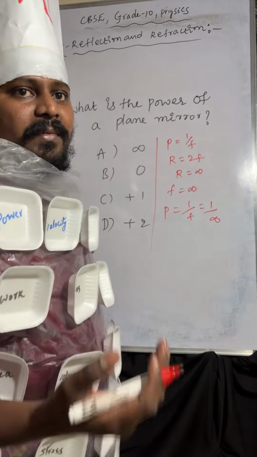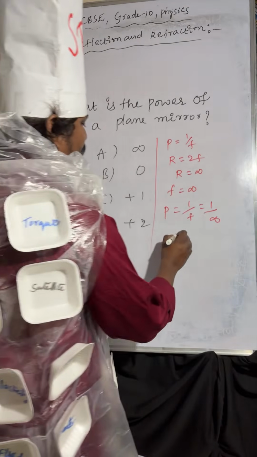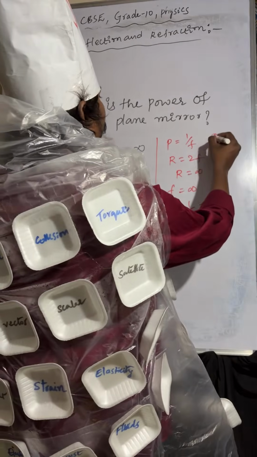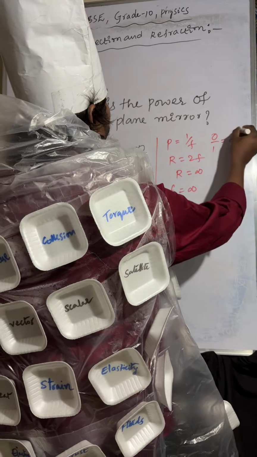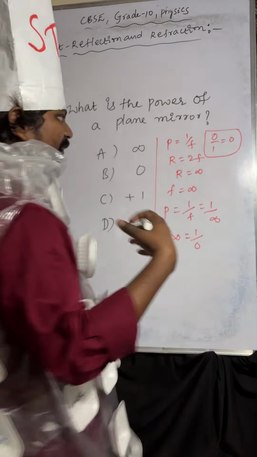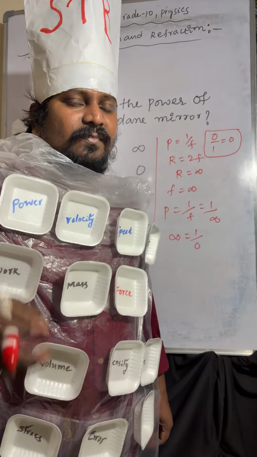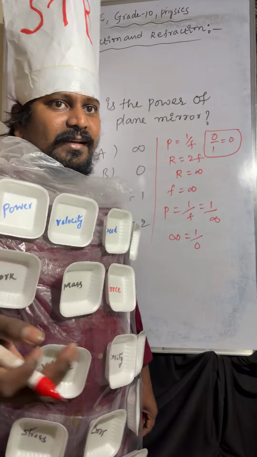So what is the meaning of infinity? It is 1 by 0. Normally 0 by anything is 0 only. But 1 by 0 is infinity. Understood?